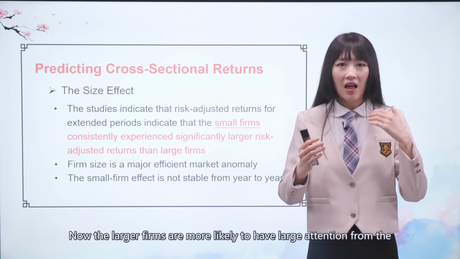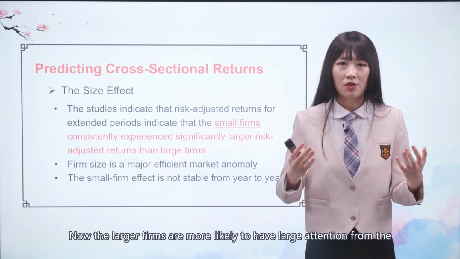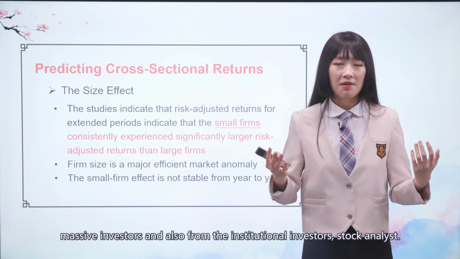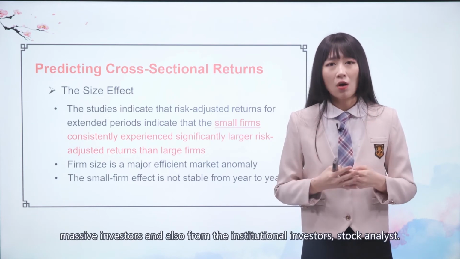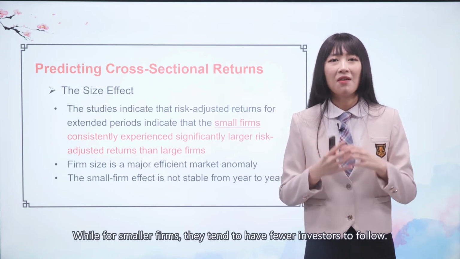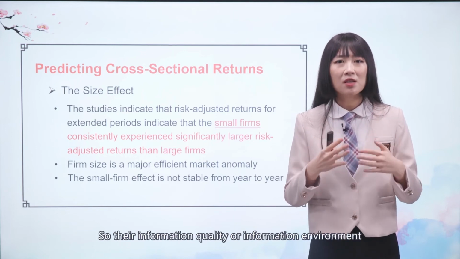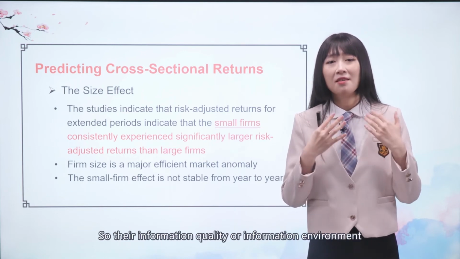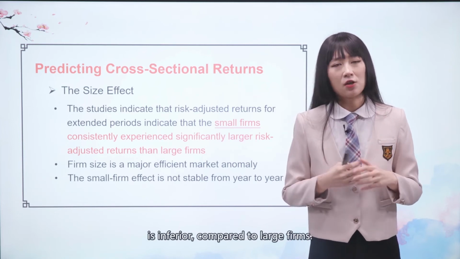Larger firms are more likely to have greater attention from massive investors, institutional investors, and stock analysts, while smaller firms tend to have fewer investors following them. So their information quality, or information environment, is inferior compared to large firms.